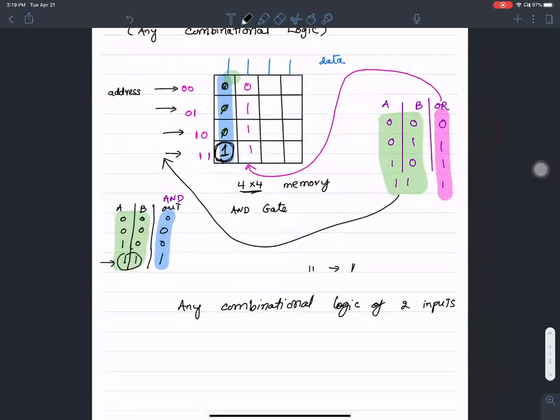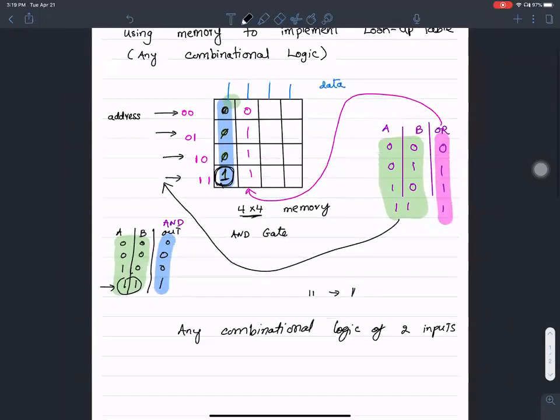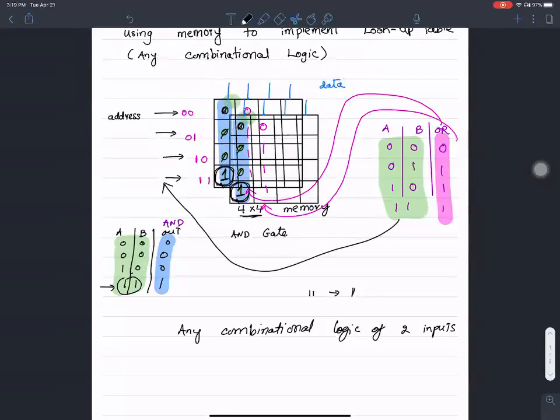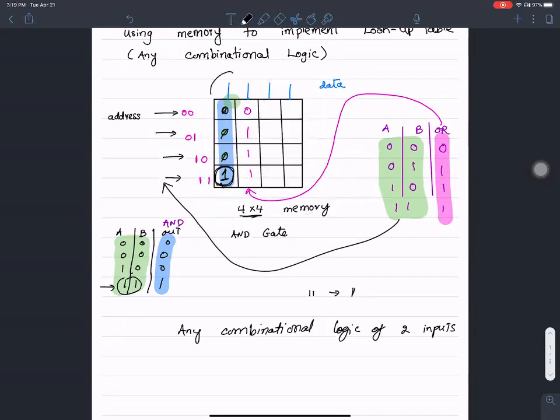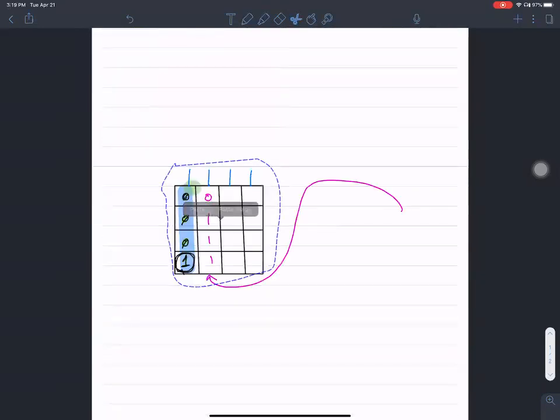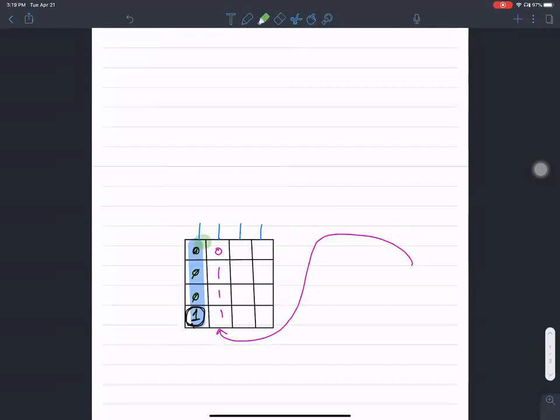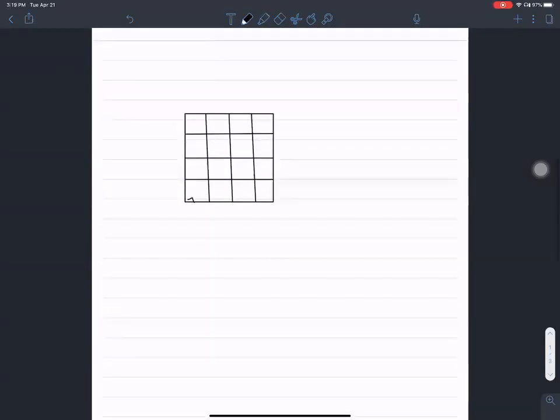Okay, so let's see, what if I wanted to do, let's duplicate this. Sorry. So let me try to copy this here, and I try to implement. Let's see what happens here. Let's say I have a memory cell that looks like this, a 4x4 memory block.